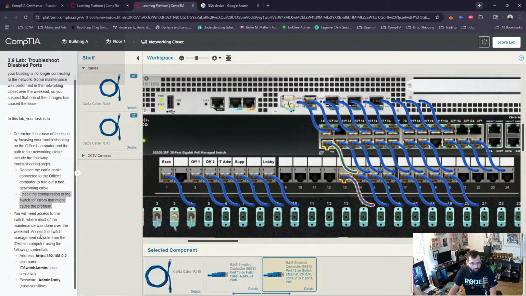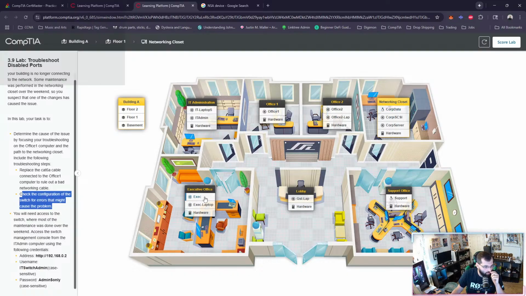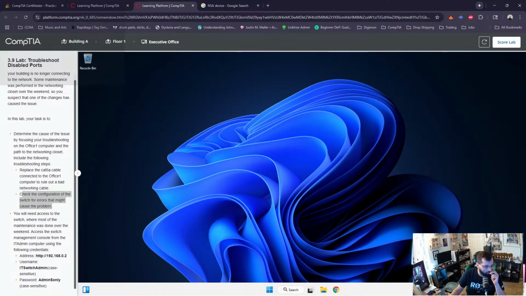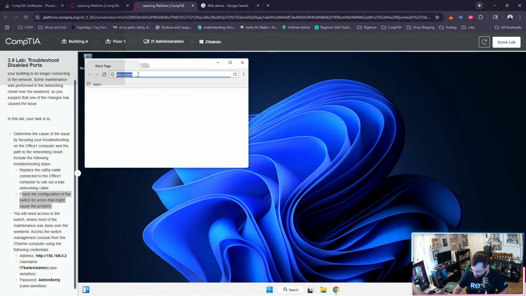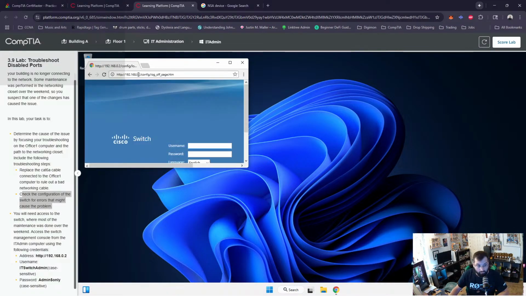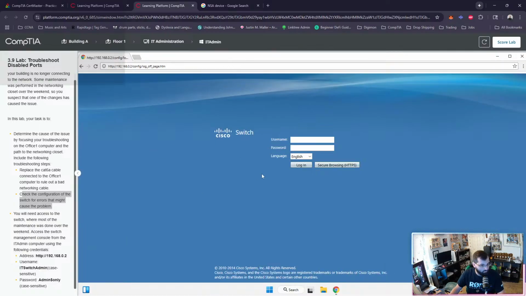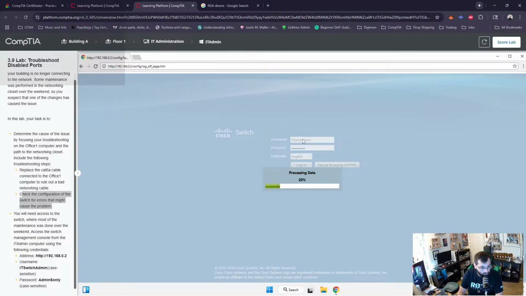So, what we need to do now is figure out why this port is down. So, let's go back to the... Oh, no, it wants me to use the admin. Okay, so we're going to go to 192.168.0.2. We're going to use IT switch admin. Then we're going to use admin only. Let's do it.